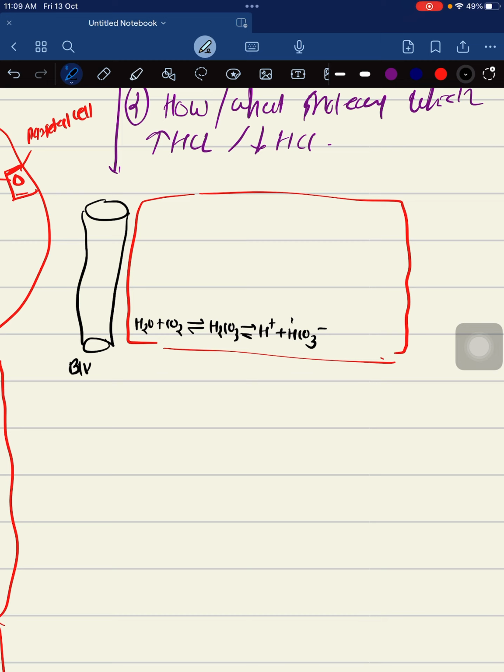So this bicarbonate will exchange with chloride by the help of the chloride bicarbonate exchanger.